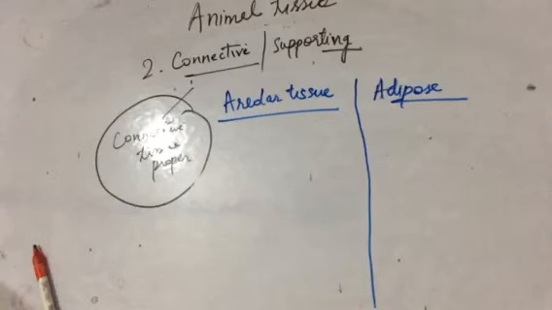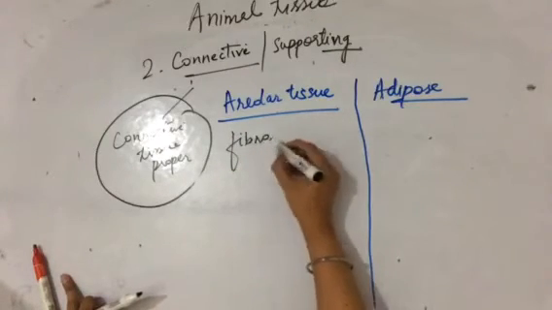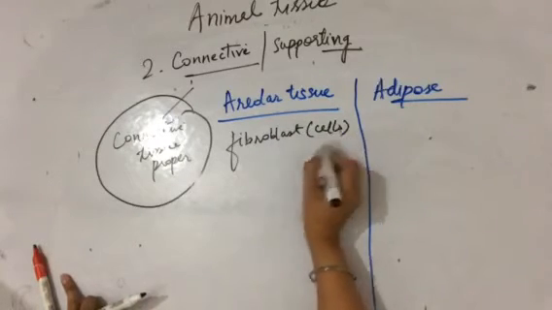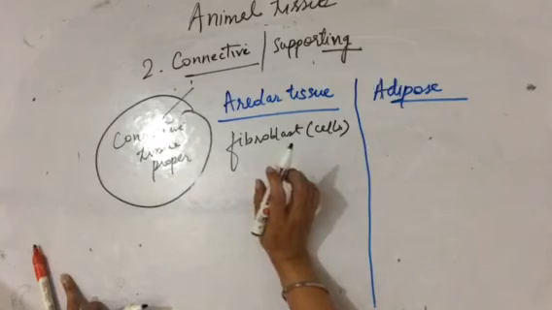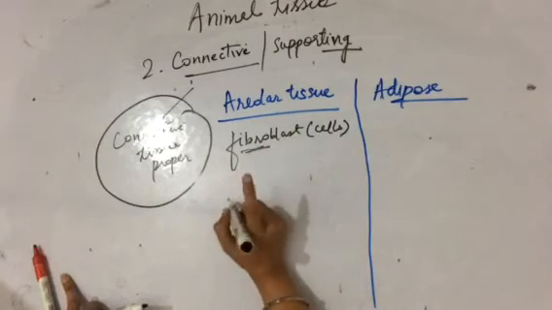Areolar tissue has cells known as fibroblast. Fibroblast, they are the cells. These cells secrete or generate fibers. Which fibers? There are two.